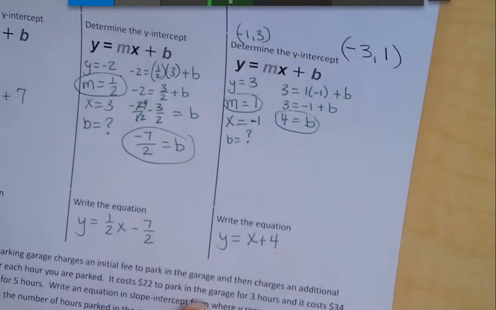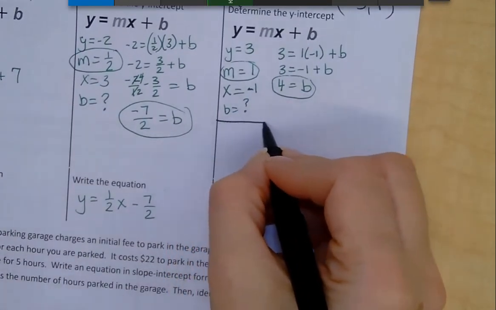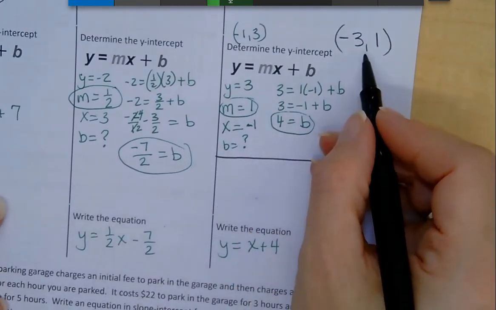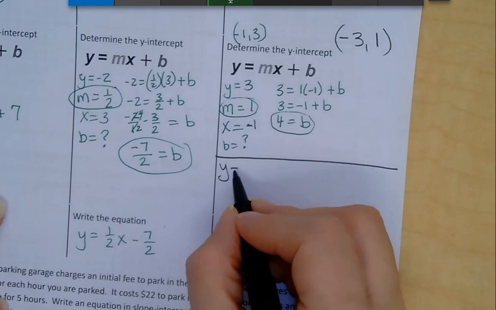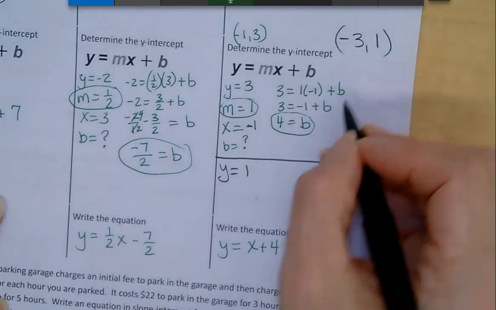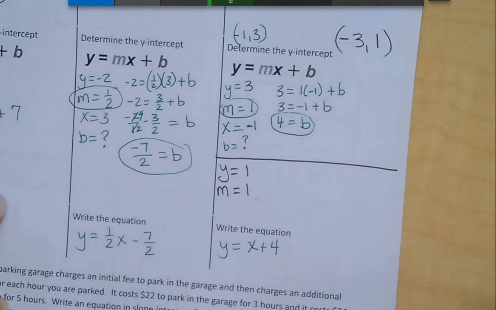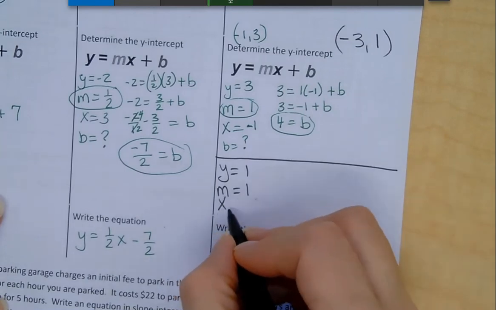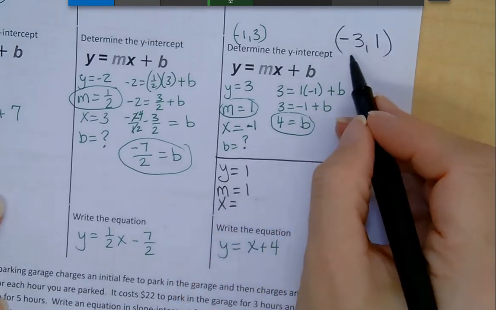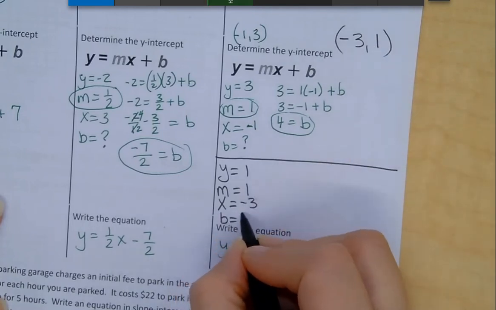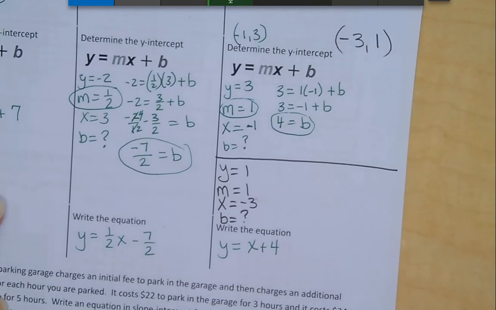So let's just do this a second time with the other ordered pair. Since I'm using the second ordered pair this time, my y value is 1. See that? My m is still 1 because it's the same slope, it's the same line. My x, since I'm using this second ordered pair, my x is -3, and I don't know the b yet. I do because we figured it out the other way, but we're going to pretend we don't know.